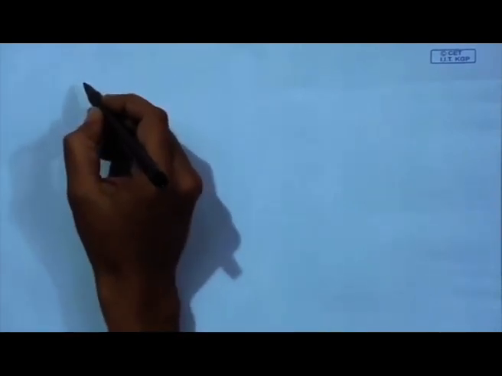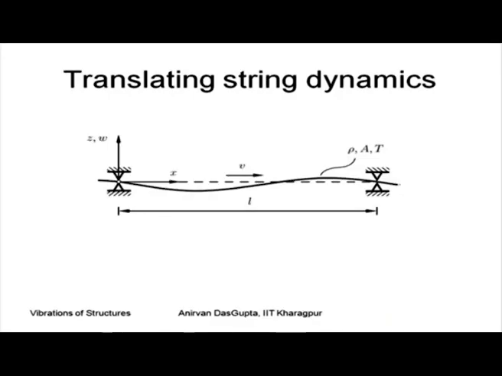So, let us look at this picture. Here I have shown a string that is in translation. So, this is the string. It is travelling at a constant speed v.